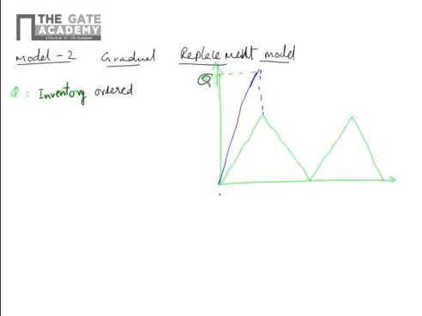This one is called the period of production, the time of production, till this point. From here, the time of demand.